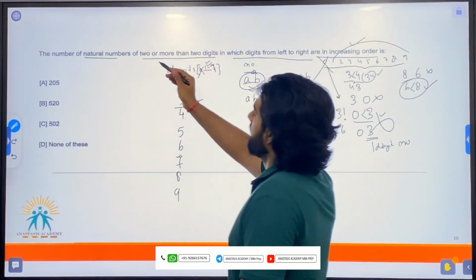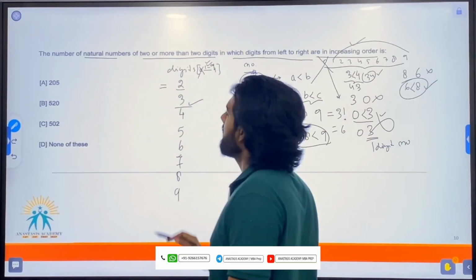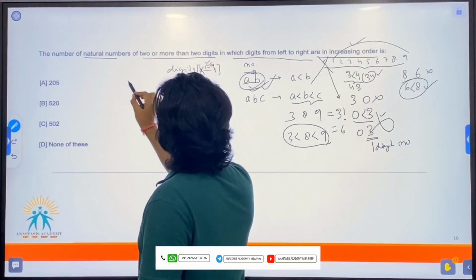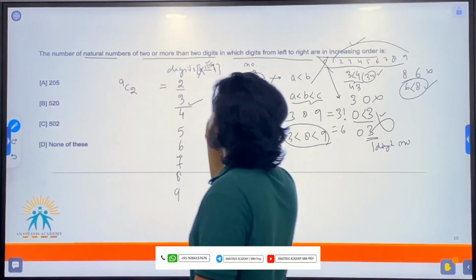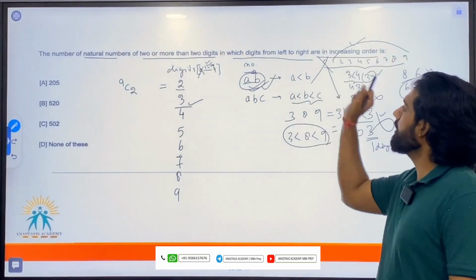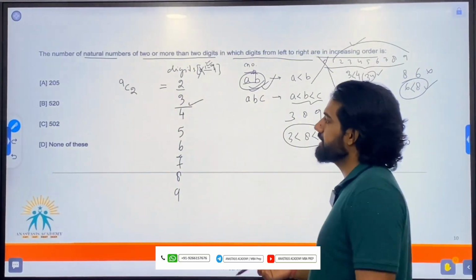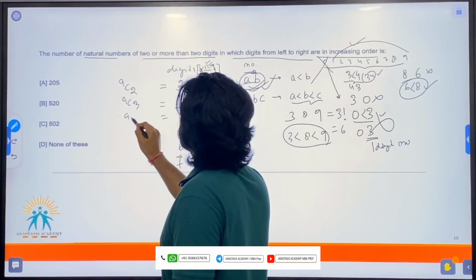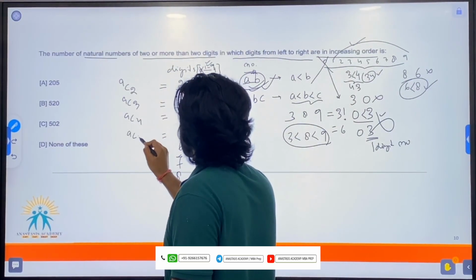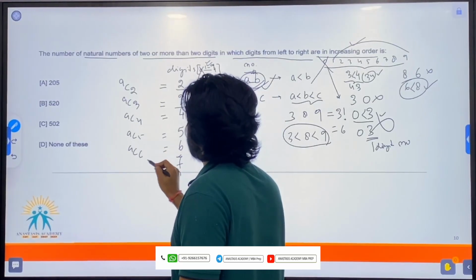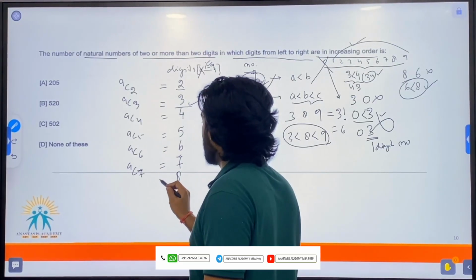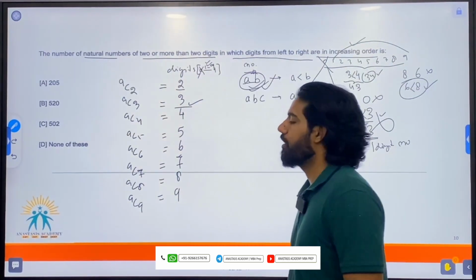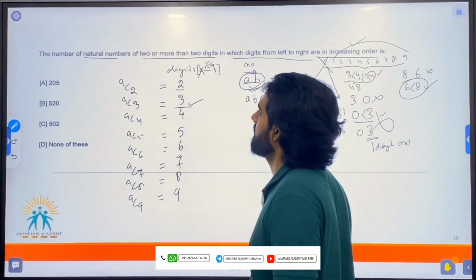So the total number of such numbers would be, how many 2-digit numbers? Selection of 2 digits out of 9 available digits, because 1 to 9 are 9 digits. 3-digit numbers would be 9C3, 4-digit numbers 9C4, 5-digit numbers 9C5, 6-digit 9C6, 7-digit 9C7, 8-digit 9C8, and 9-digit when I am choosing all the 9 digits out of 9 available digits.